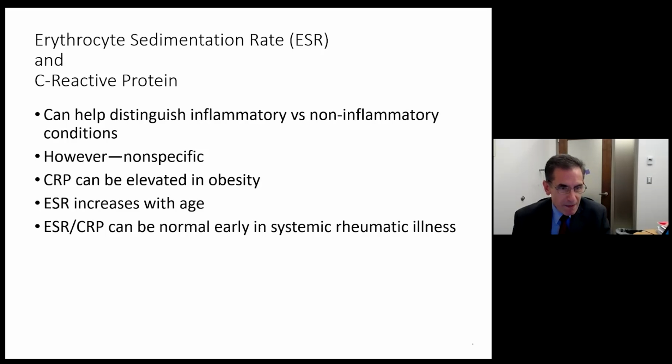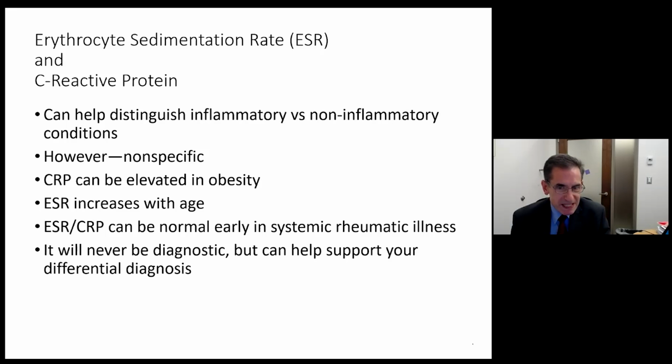And then finally, remember that the SED rate or ESR and CRP can be normal early in systemic rheumatic diseases. It will never be diagnostic, but it can sometimes help to support the differential diagnosis. So the SED rate and CRP, while very useful, need to be taken into the clinical context of the patient.